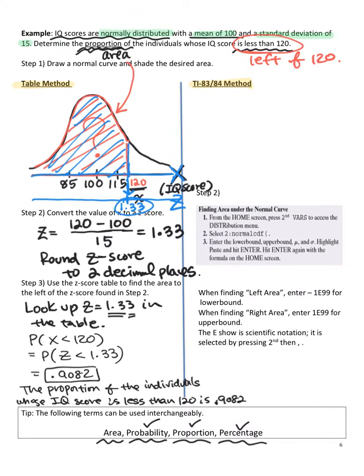So first, we're going to draw a normal curve, just like before, with the same mean and same standard deviation. And 120 is somewhere here, and we are shading the left of 120.